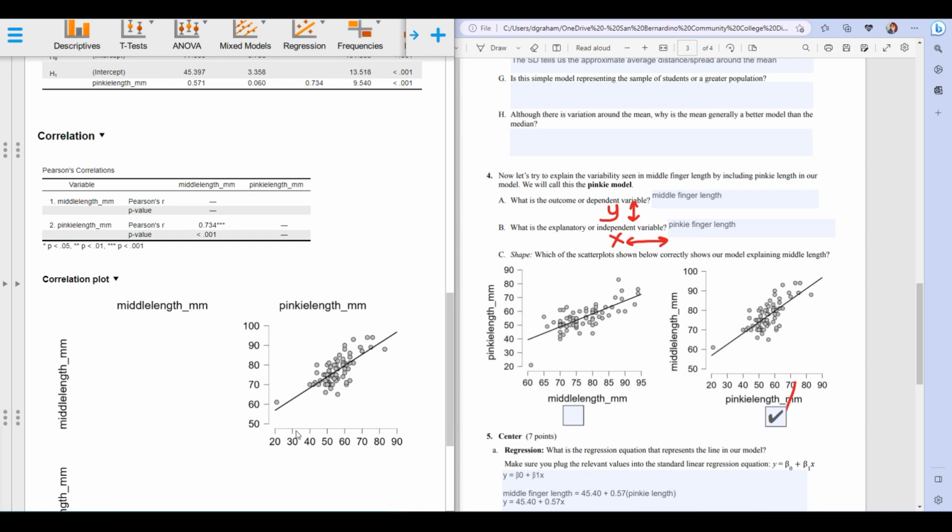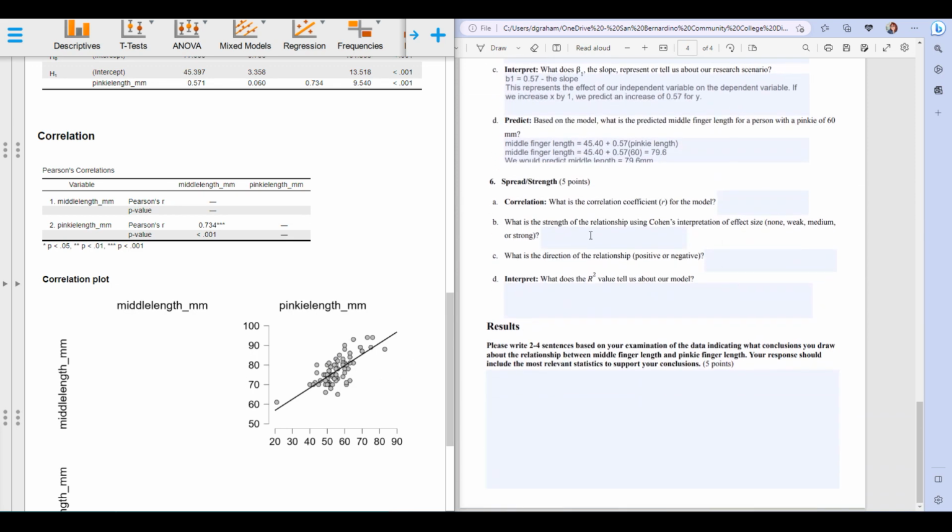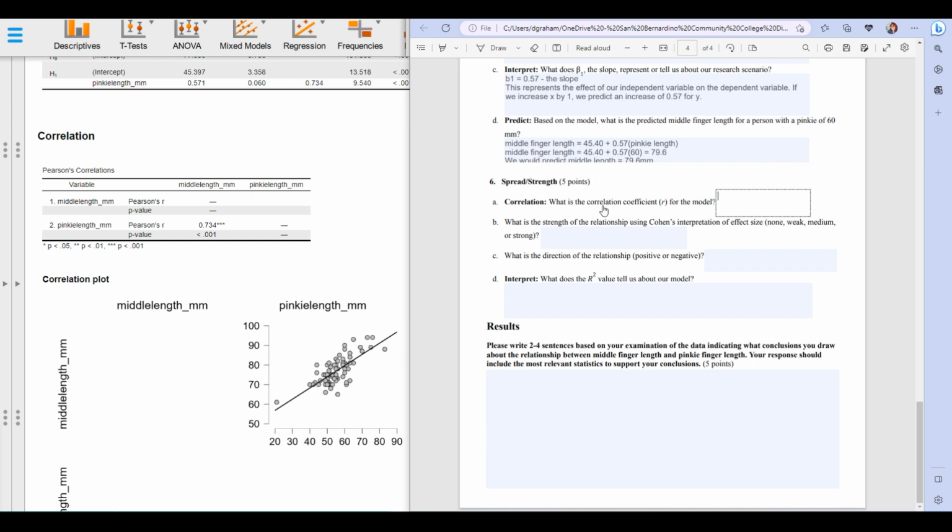Really, we did the center, now we want to summarize the spread. So what is the correlation coefficient for the model? So this is going to come from right here. Pearson's R is 0.734. So R equals 0.734.